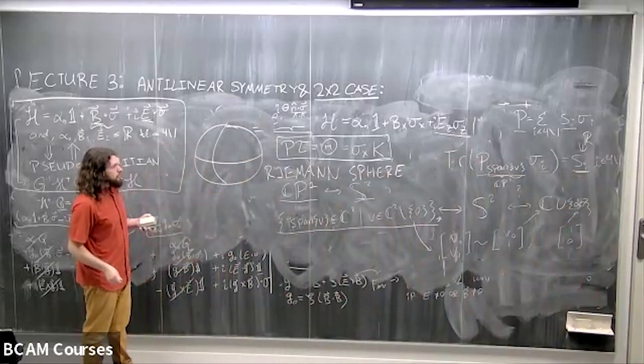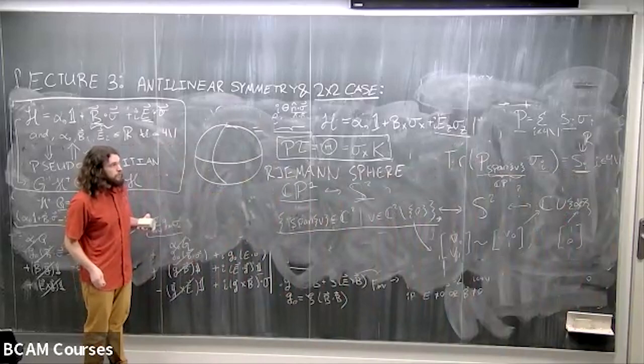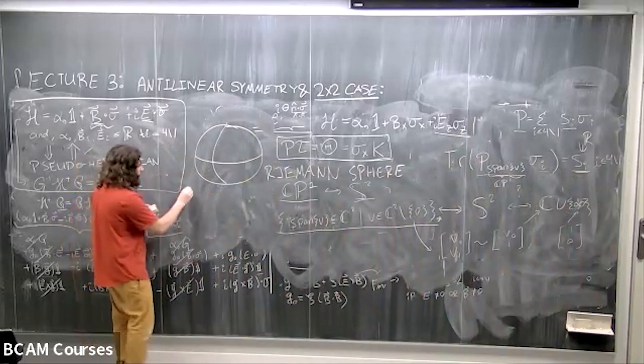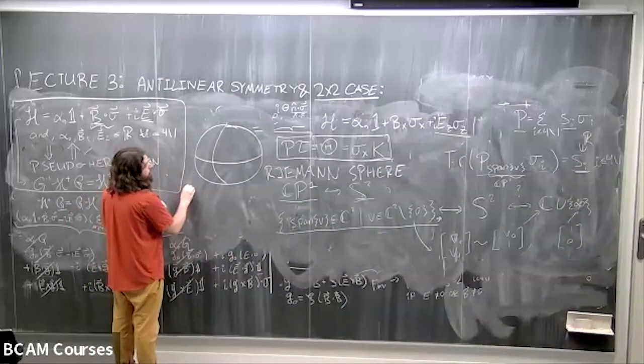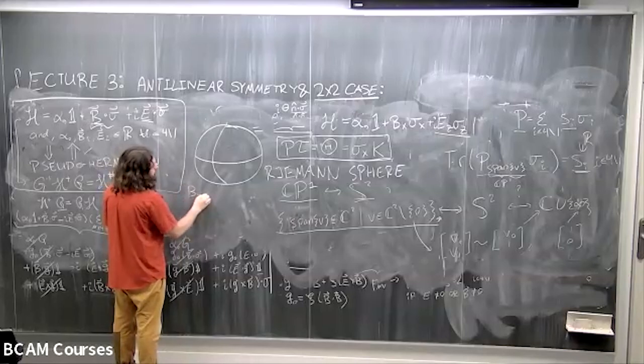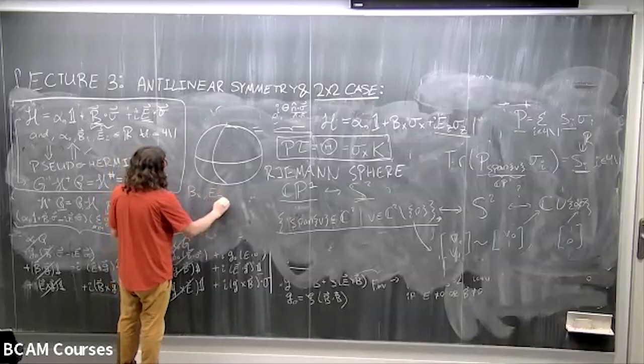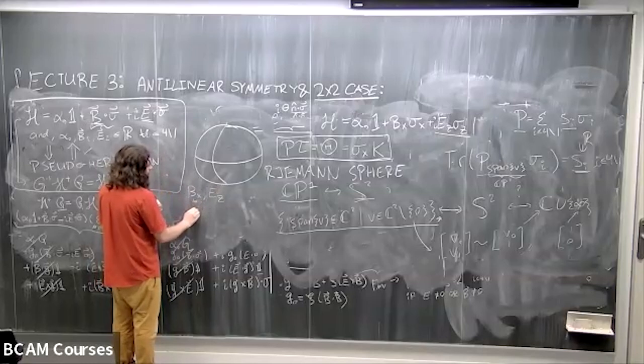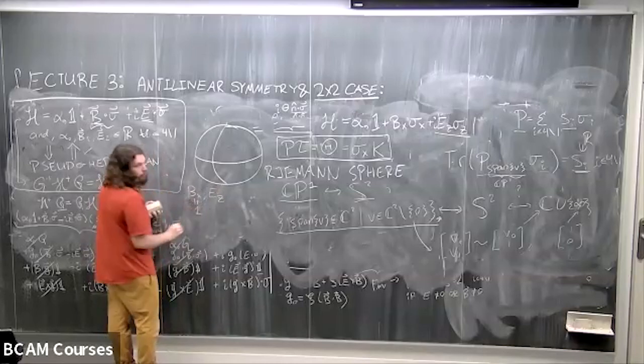So what I can do is consider the ratio, or consider this Hamiltonian as dependent on Bx and Ez. I'll choose units so that this thing is equal to 1.